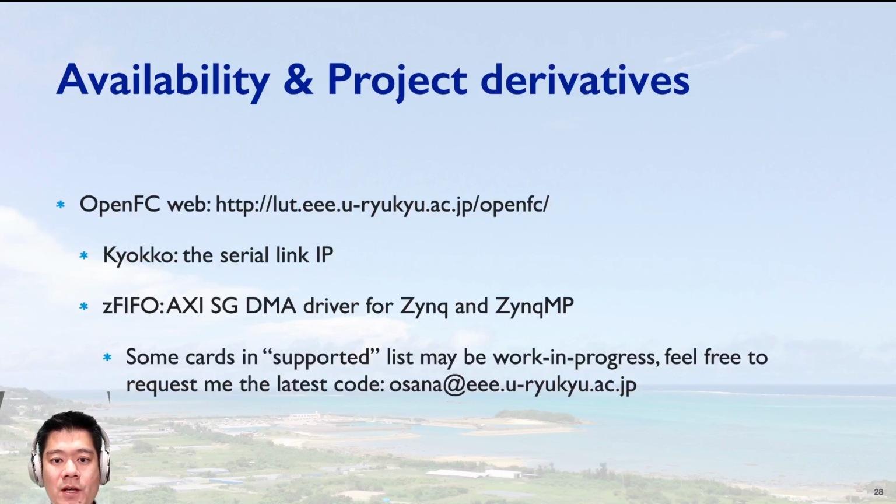The source code is available through our website and code repository. Some of the code is still work in progress, but if you send me a request, I can provide some of the latest source code. Also, Kyokko, the serial link IP, and the Z5 driver are available from their repositories.